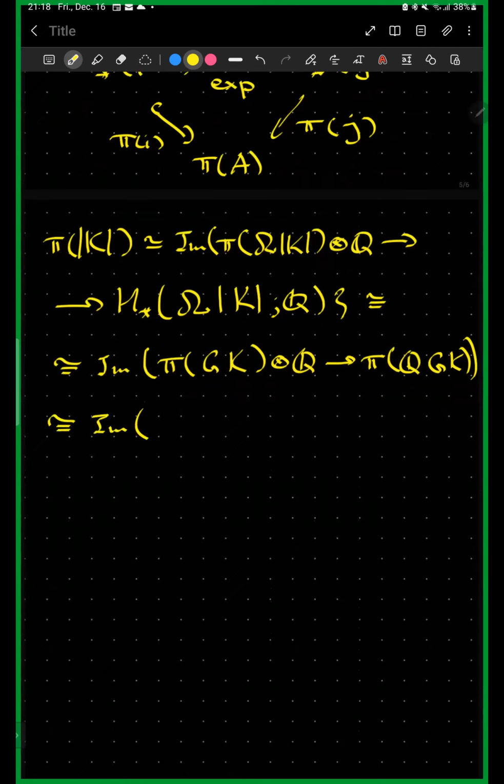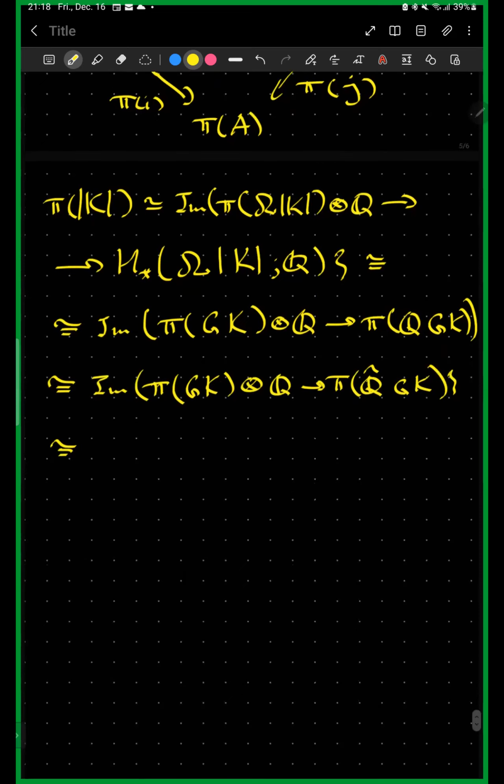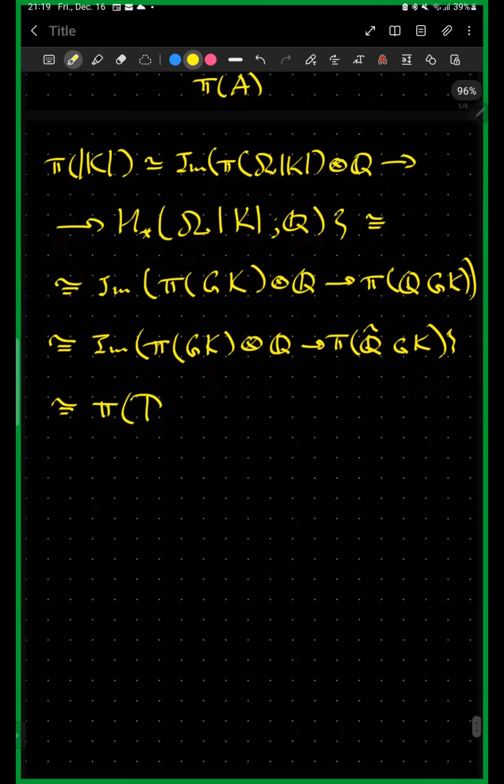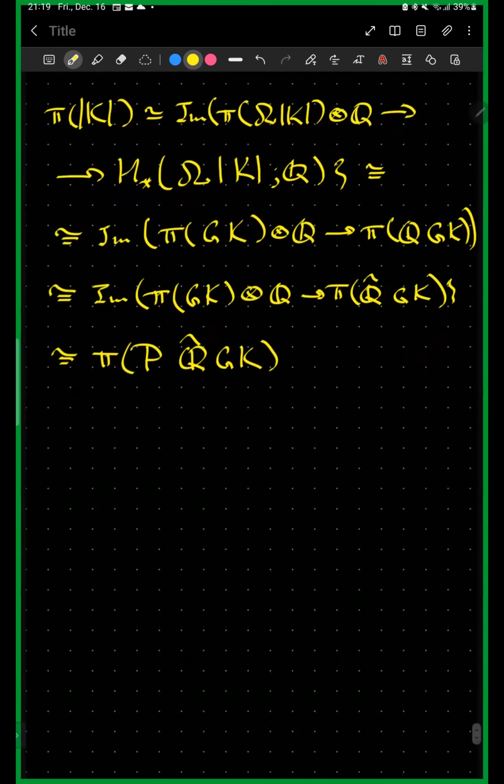Then, since taking a completion does not change homotopy groups, as we explained above, we can replace the thing on the right by its completion, getting a simplicial complete Hopf algebra. Then we can observe that, since the image coincided with primitive elements, we can take primitive elements of this simplicial complete Hopf algebra.